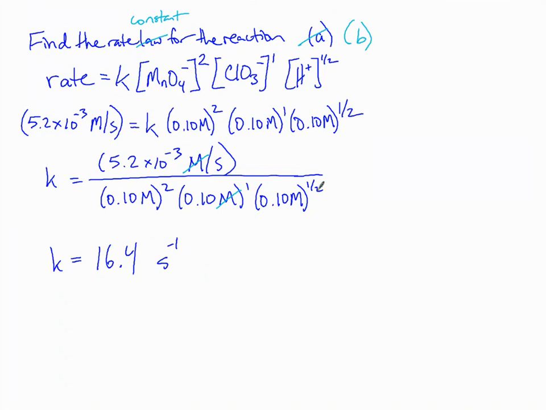And in order to simplify that, this one's going to end up being a fraction. So what we would do is molar to the negative 4/2 times molar to the -1/2. And so you get molar to the -5/2. This example is somewhat unusual. In most cases, your orders will be whole numbers. This one's a little bit different.